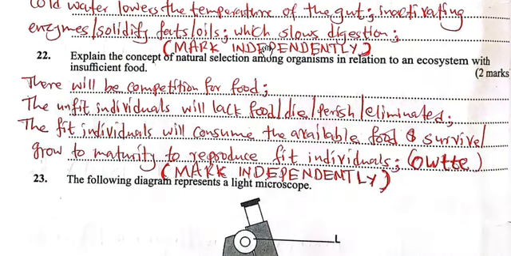Then the fit individuals, or the individuals who are well adapted, will consume the available food and survive and grow to maturity. When they grow to maturity, they will reproduce. Fit individuals have the qualities that enable them to survive, and they'll pass them to generations.